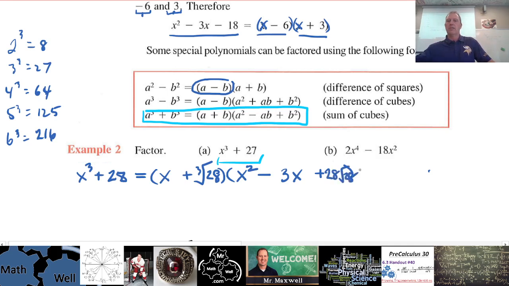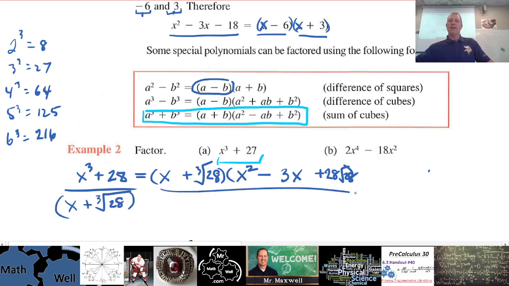But why would we do this unless we were asked to simplify something like this? If you were asked to simplify that, then it would be good to factor this as a sum of cubes, because you see how we have a common factor now, right? And then you would be able to simplify that by dividing out a factor.